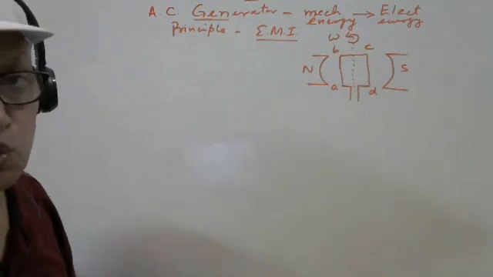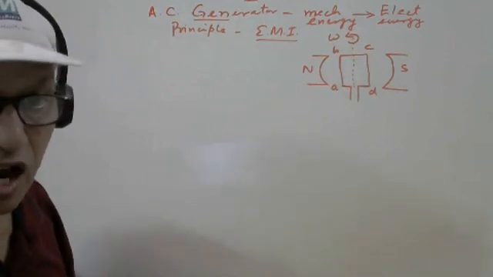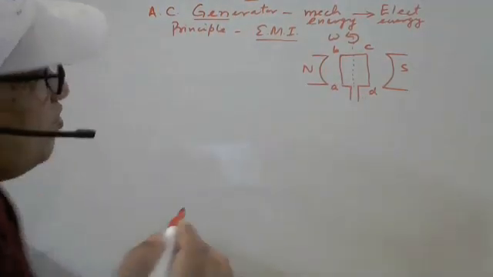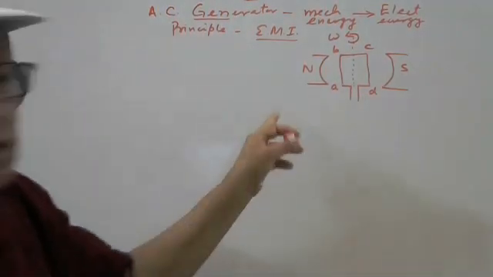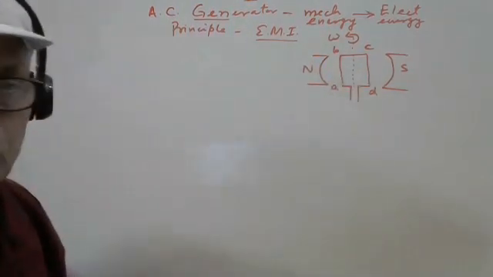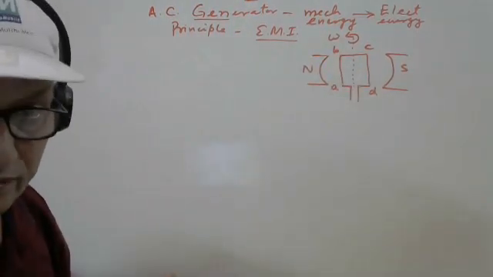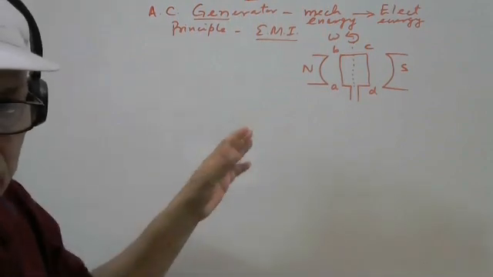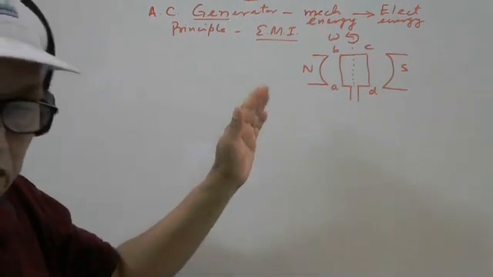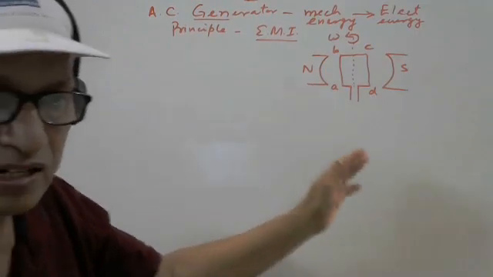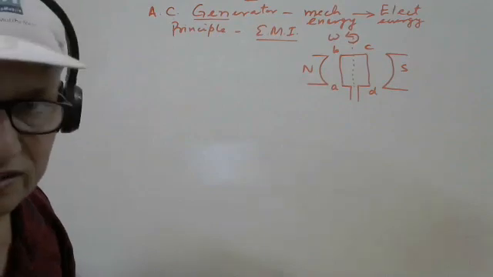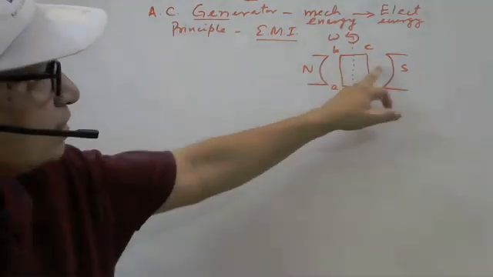Let me tell you what a turbine is and how to rotate this armature or coil. For simplicity, we have taken a single turn, although there are a number of turns. It is called the armature. This armature is connected with the shaft to the turbine. When the turbine rotates, it also rotates, which means the conductor rotates.